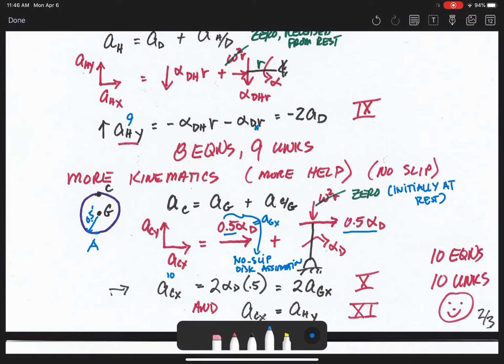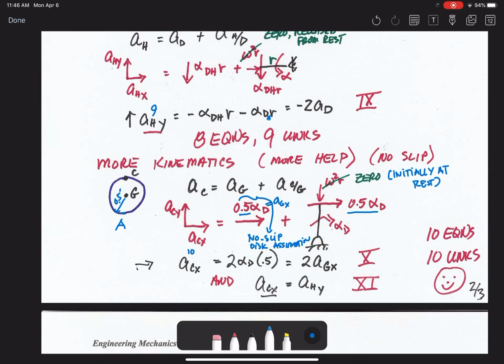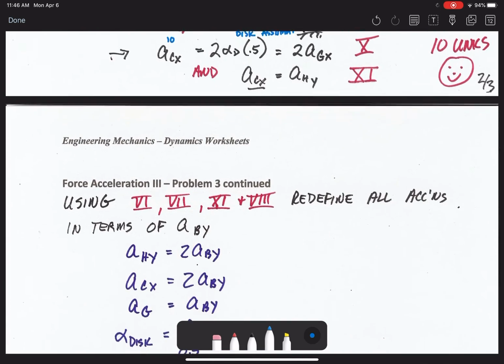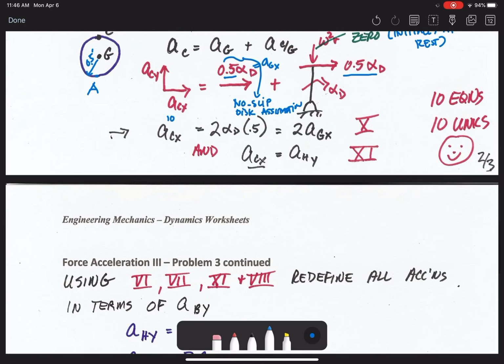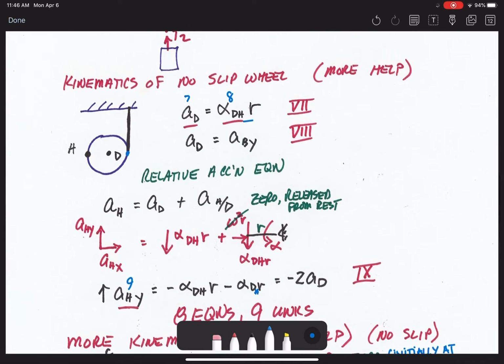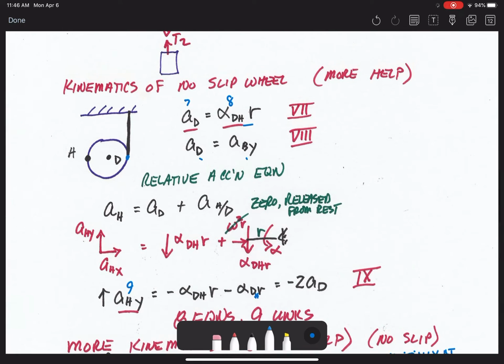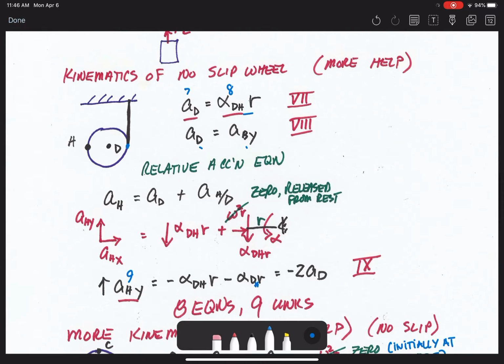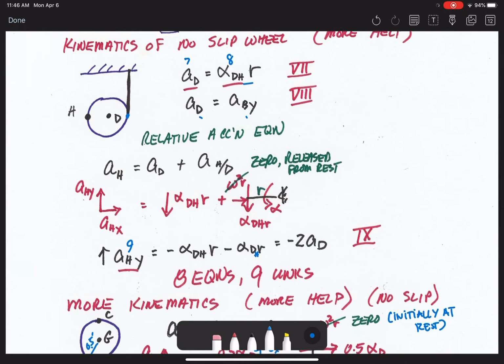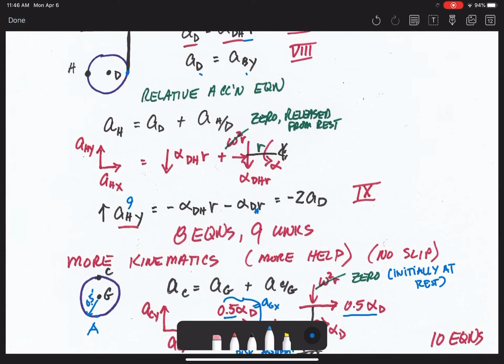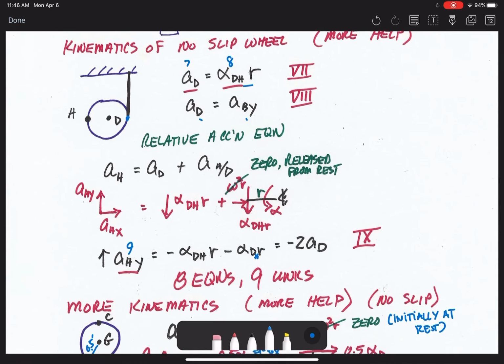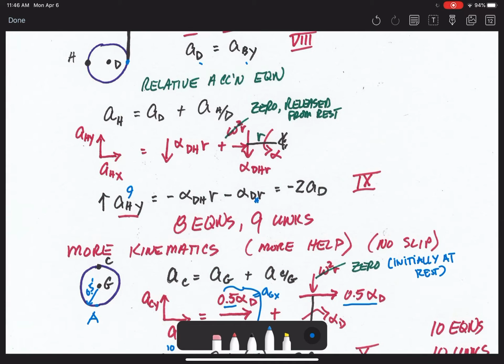As you can see, we replace all of the accelerations here with ABY, so all of that relates to ABY, because you see AD equal to ABY, AD equal to alpha d times HR, and then AHY equal to 2AD, and AD equal to ABY, so AHY equal to negative 2ABY.